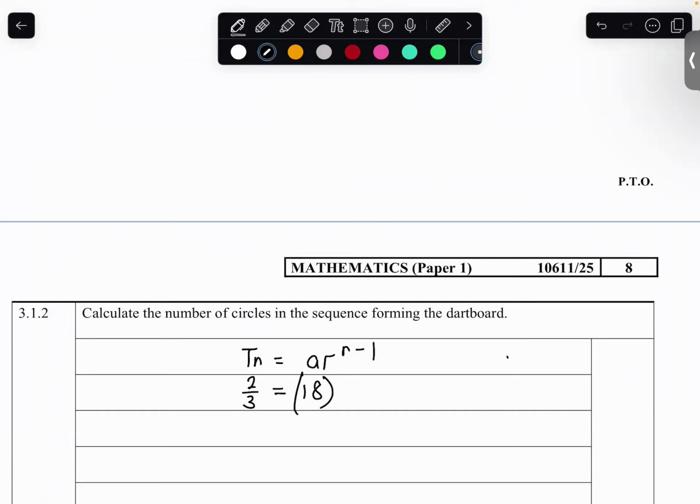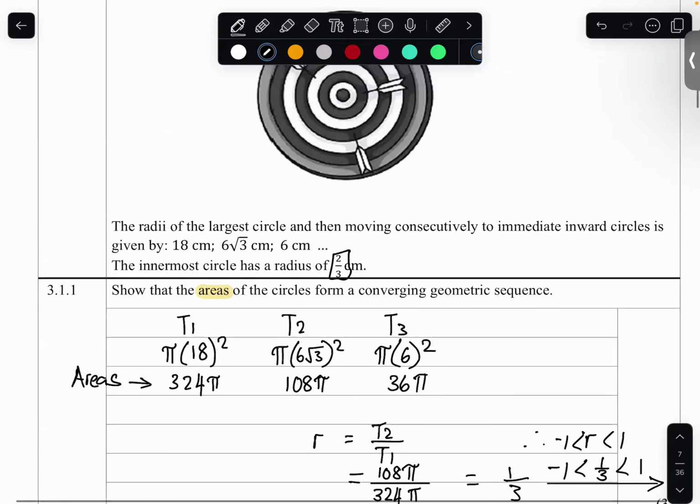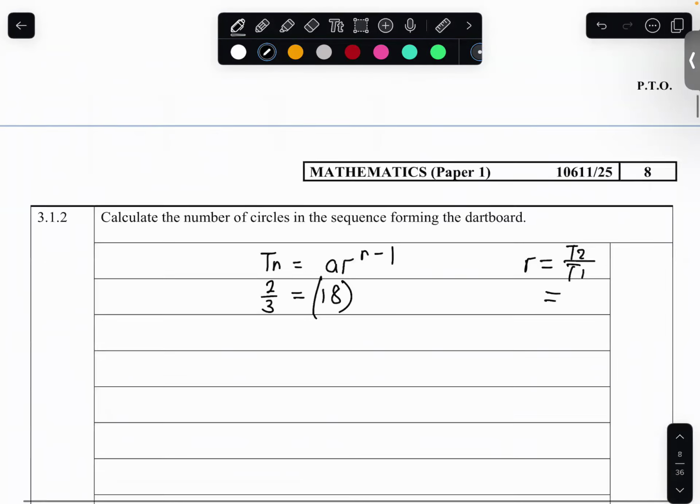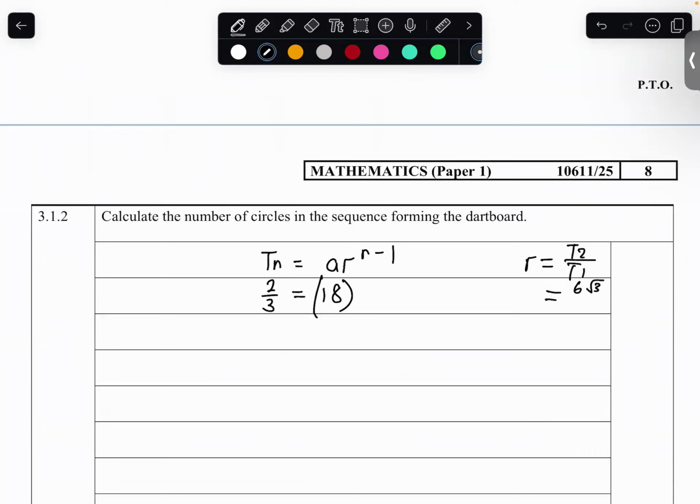The ratio is T2 over T1, so 6 root 3 over 18, which gives me root 3 over 3. So the ratio is root 3 over 3, all to the n minus 1, and n is what I need to solve for.